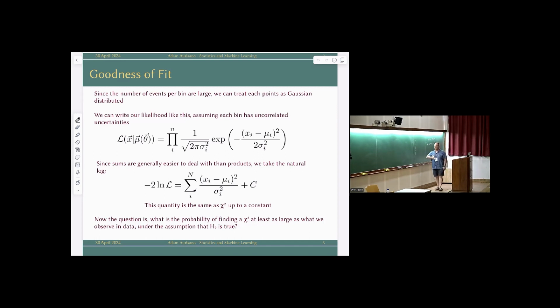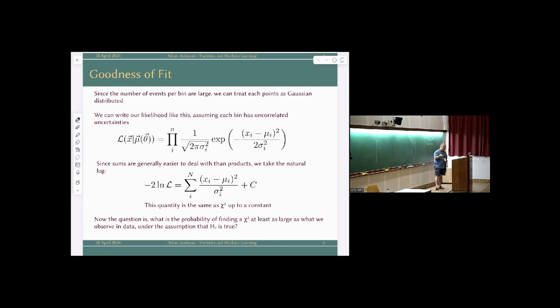You take this distribution, you Poisson fluctuate all the bins, you calculate your test statistic, you do that over and over again, and then say, how far do I have to go in the distribution before I've used up 95% of the different trials that I've run? And then you check to see if what you observed is further out or closer in than that critical value that you've calculated. So if it's further out, you reject the null hypothesis. If it's closer in, you accept it.